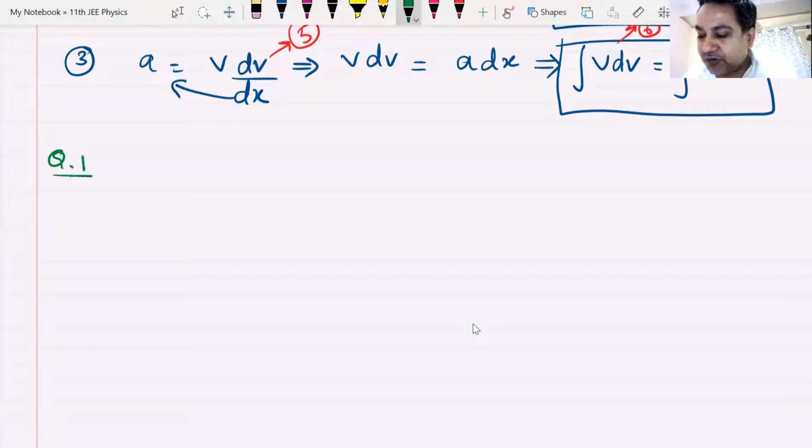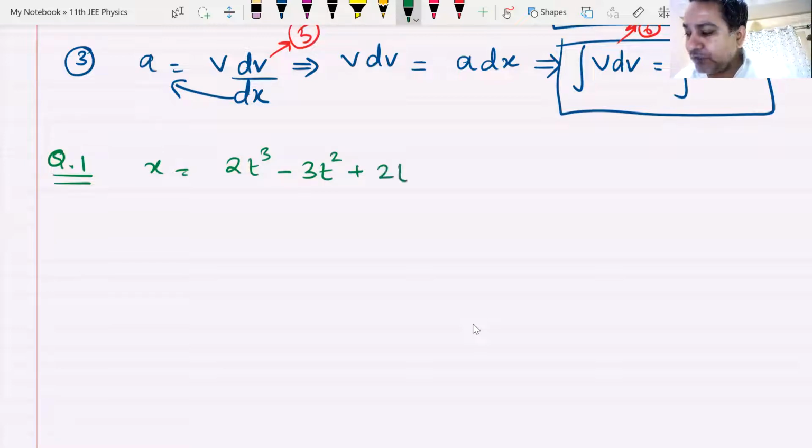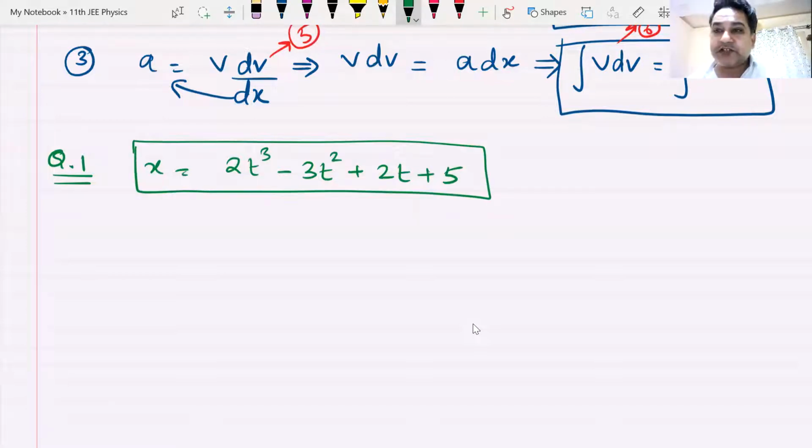Question number 1 comes your way. A particle moving along the x-axis, x equals 2t cube minus 3t square plus 2t plus 5. This is the value of its position, or the x coordinate, as a function of time.